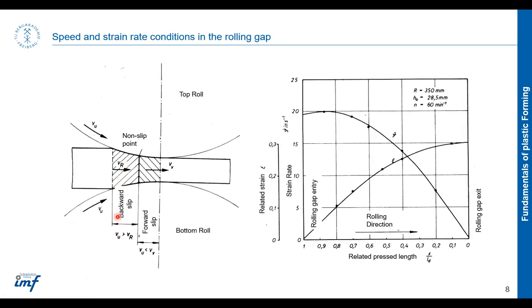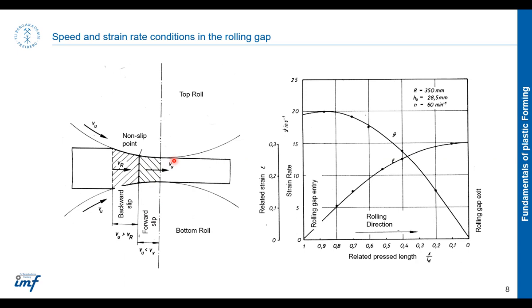This is something which we discussed before in the previous slide. So there is a non-slip point, and before this non-slip point there is a backward slip. So the material coming in is slower than the roller, so we call it a backward slip, and after the neutral line the material moving forward is faster and the roller is slower, so we call it a forward slip.